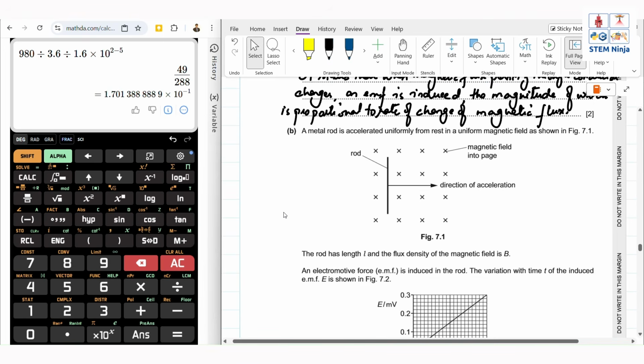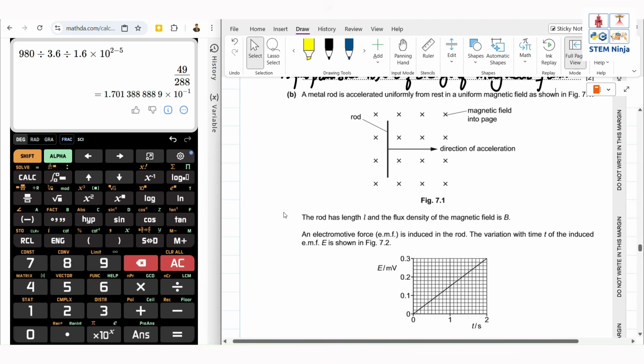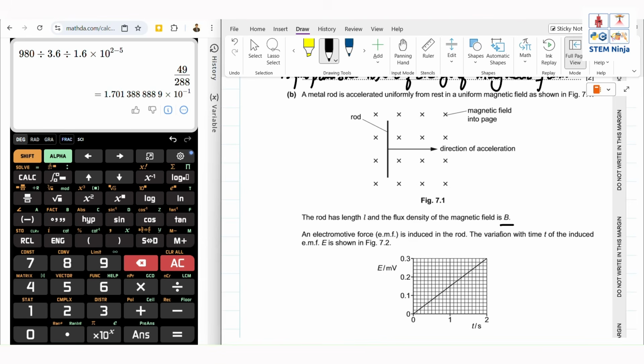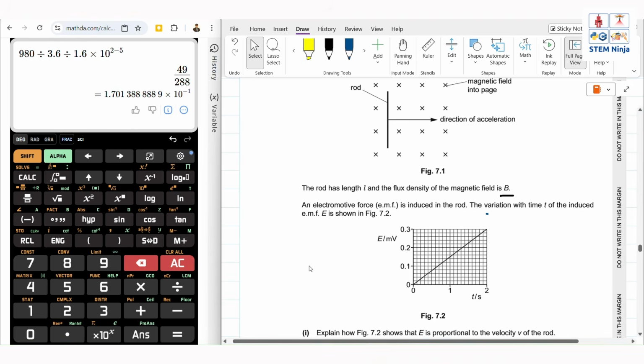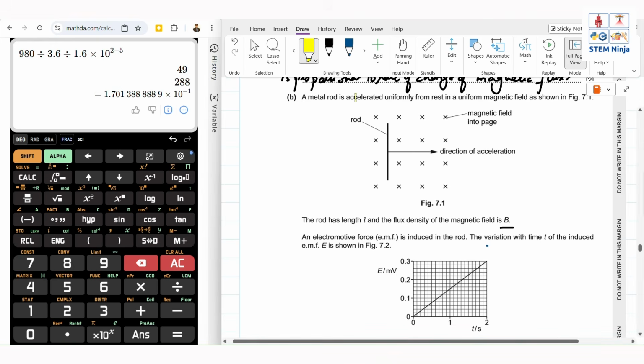A metal rod is accelerated uniformly from rest in a uniform magnetic field. The rod has length L and flux density of the magnetic field is B. An electromotive force EMF is induced in the rod. A variation with time t of the induced EMF is shown. Explain how the graph shows that E is proportional to the velocity v of the rod. So we can make two connections over here. They have told us that the rod is accelerated uniformly from rest.